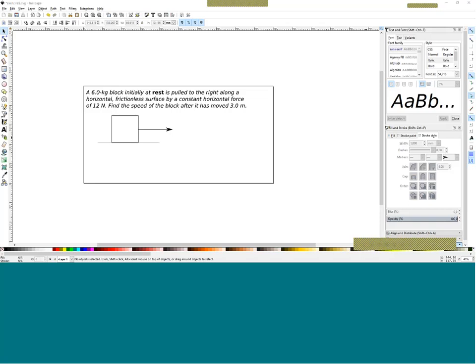The first thing we need to do to solve this question is determine the work done on this object, which we've done 1,000 times already. Hopefully this equation is stuck in your head. The work done on the object is equal to F times delta x.